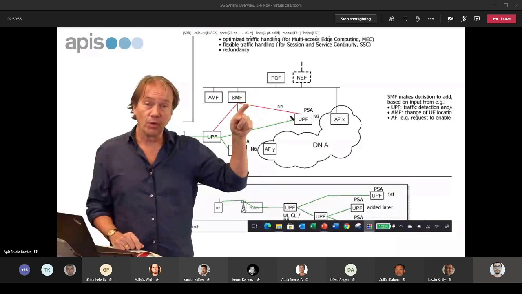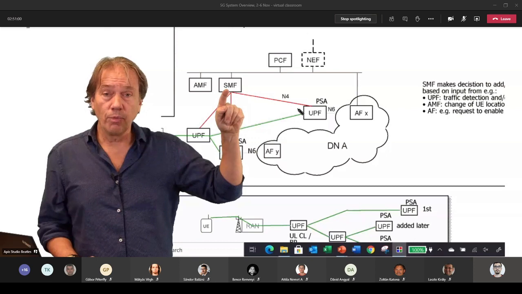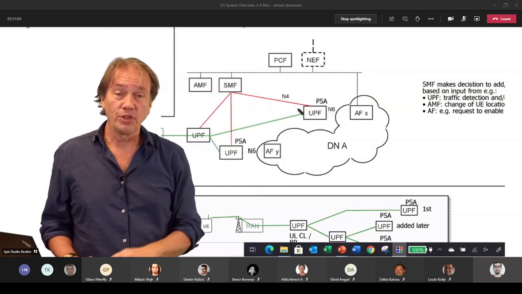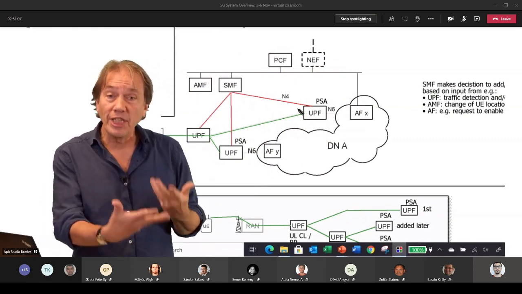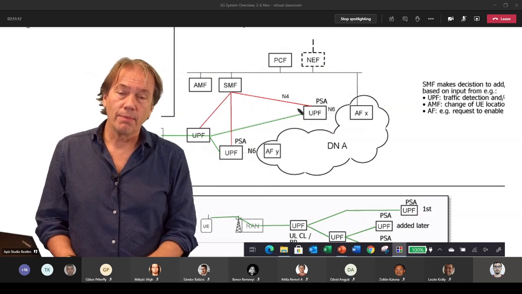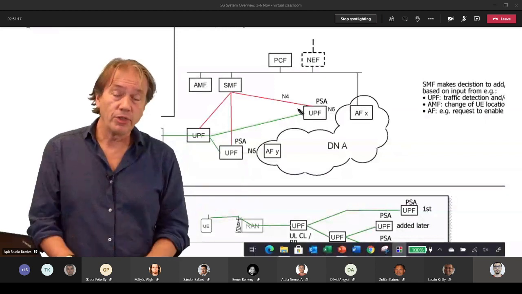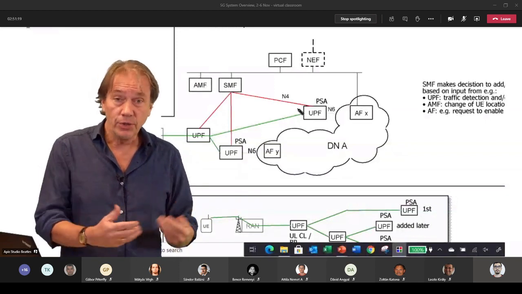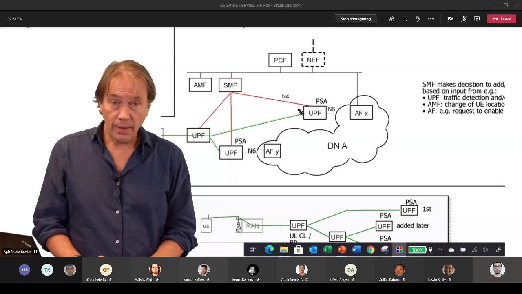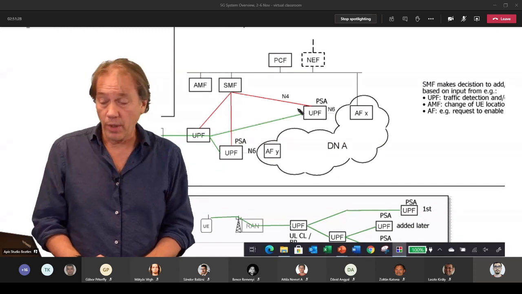Of course, it will also have its own pre-configured information, but the SMF will get information from other network functions, kind of suggesting that maybe you should choose a UPF on the edge of the network, or you should add a new UPF on the edge of the network, because that's a good idea in some way.